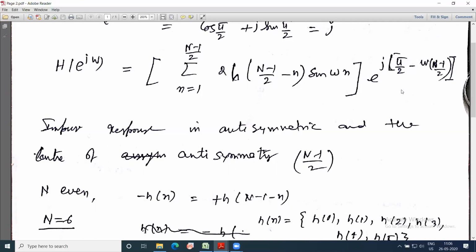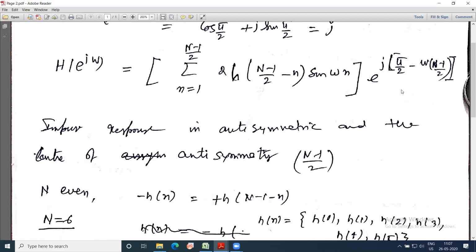Now, another important observation from this, for antisymmetric impulse response, that means h of n minus 1 by 2 minus n, which means h3, h4, the amplitude reversal is there.